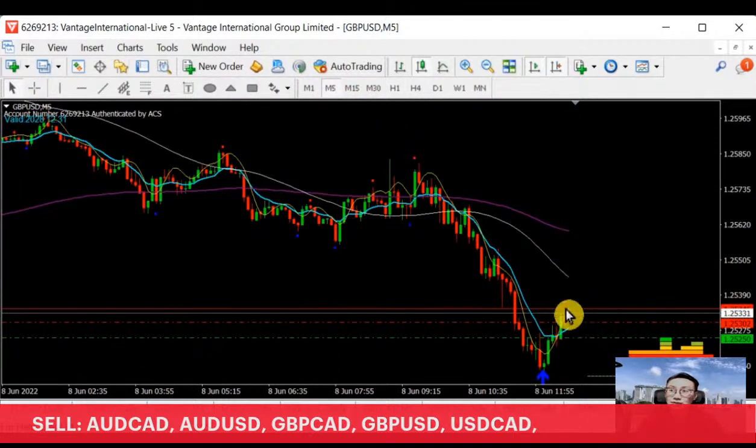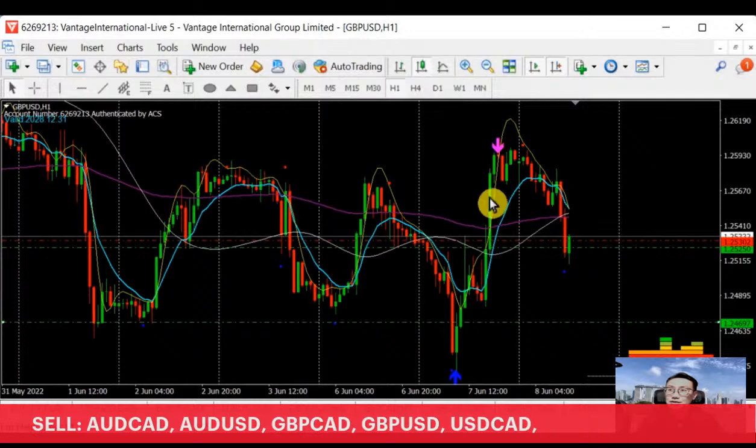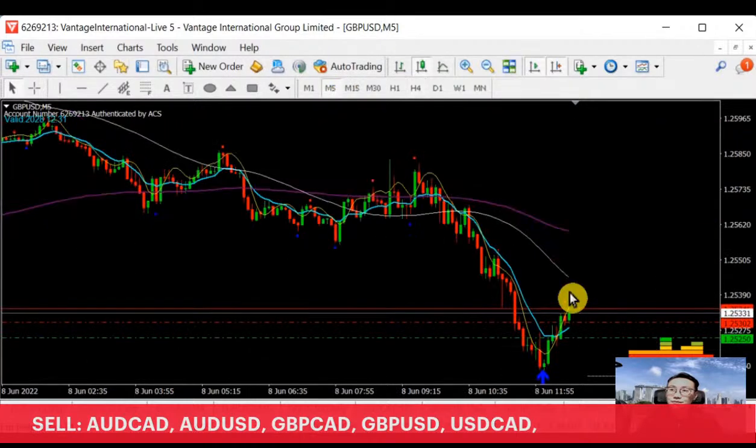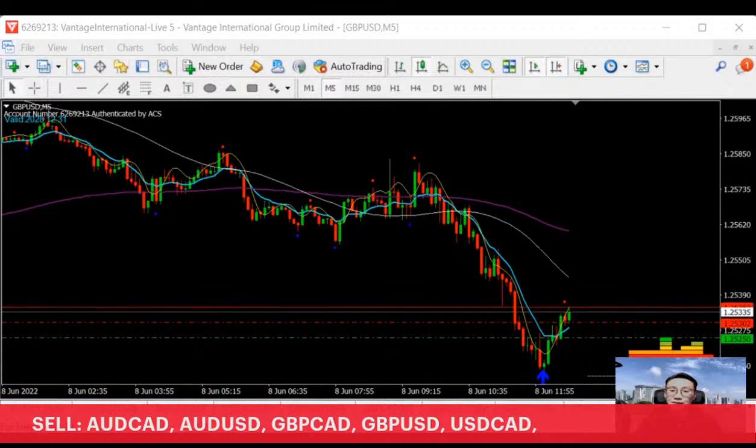Can you see it has retested the previous resistance here? Now we are hitting this price, retesting, and setting up a buying signal. So very likely for pound dollar we are looking out for another buy.